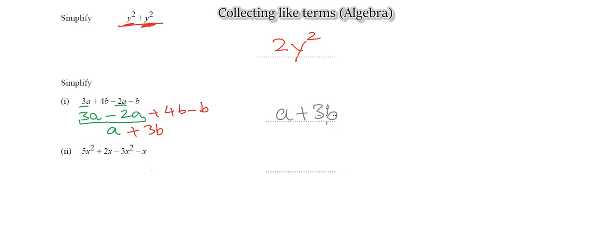Alright, moving on, a little bit trickier, stepping up levels, making sure we're understanding. Here I've got two terms, x squared and x squared, so I can write those together, 5x squared minus 3x squared. And then I have my other terms as just x's, plus 2x minus x. For my x squareds, 5x squared minus 3x squared, don't worry about the squares, we know they're the same.